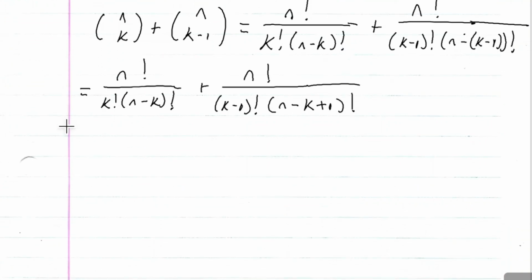So now what I see here is I can actually get a common denominator between these two fractions, or these two rational numbers. If I multiply top and bottom here by k, I get k factorial. And if I multiply top and bottom here by n minus k plus 1, I get n minus k plus 1 factorial here. So I get what I want.